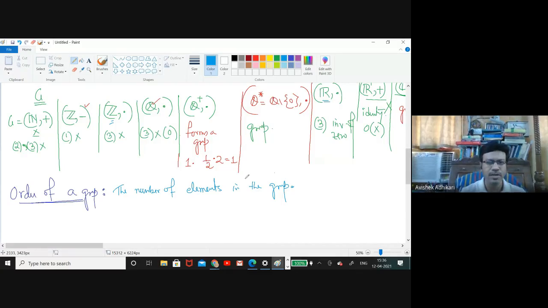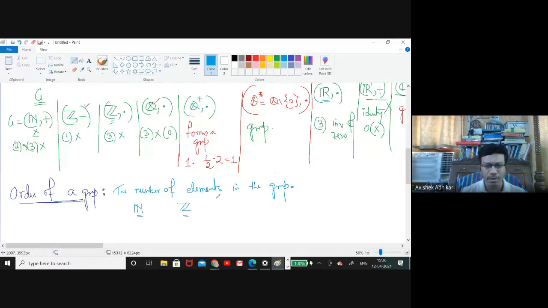Now if I ask you, as a set, which set is bigger? Is the set of natural numbers bigger than the set of integers, or the other way around, or are they of equal size? I am considering them as sets, not the number of elements. Which set is bigger?